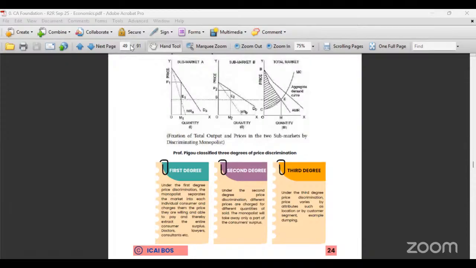Did you go through the 3 different degrees of price discrimination? Yeah? Okay.